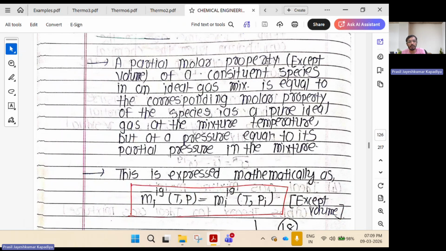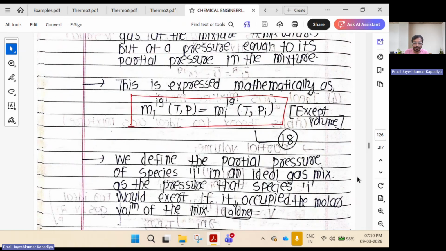A partial molar property of a constituent species in an ideal gas mixture is equal to its molar property as a pure ideal gas at the mixture temperature, but at a pressure equal to its partial pressure, and this does not hold true for volume.